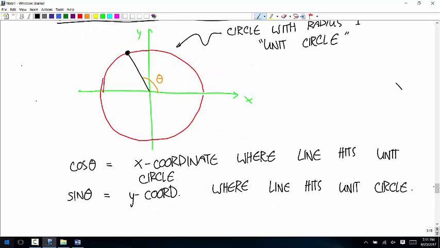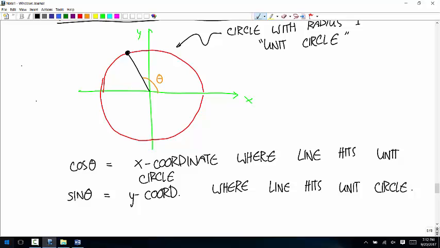You can use this to get an intuitive idea of what the plus or minus sign should be for cosine and sine of certain angles. So let's think about 120 degrees like I drew here. I started at the positive x-axis and rotated 120 degrees, so the cosine of 120 degrees is the x coordinate at that point, and the sine of 120 degrees is the y coordinate at that point.